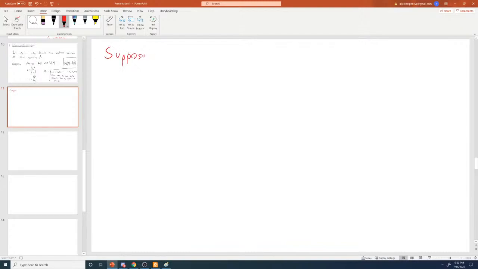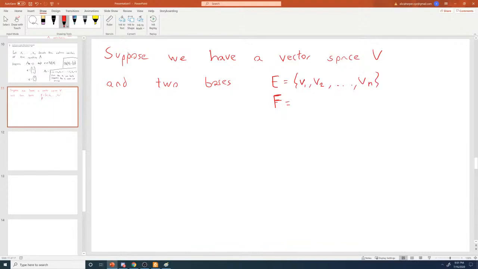Suppose we have a vector space V and two bases. One basis is going to be called E, and the other basis is going to be called F. So this will consist of vectors v1, v2, through vn. And this right here will consist of vectors u1, u2, through un.